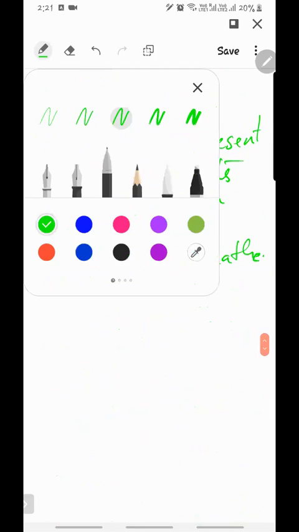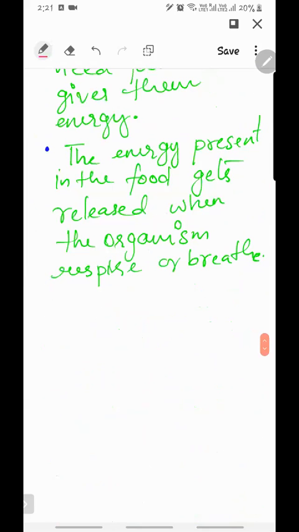When the food is completely digested, that food will be giving energy. But once it is digested, with the help of oxygen we have to burn the food. For example, if you don't put fire to wood, you will not get the heat energy. The same way, if the food is completely digested and absorbed, but energy is still not released, energy will be released by the process of respiration.